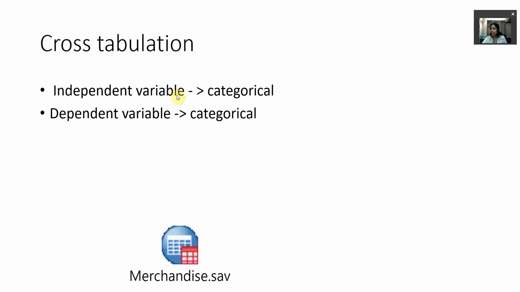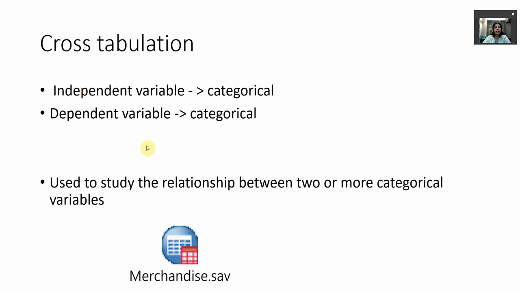How you define your variables and what is the measure or level of measurement used to measure that particular variable will help you define what kind of analysis you need to run in the SPSS software. So here the cross tabulation helps you to study the relationship between two or more categorical variables.